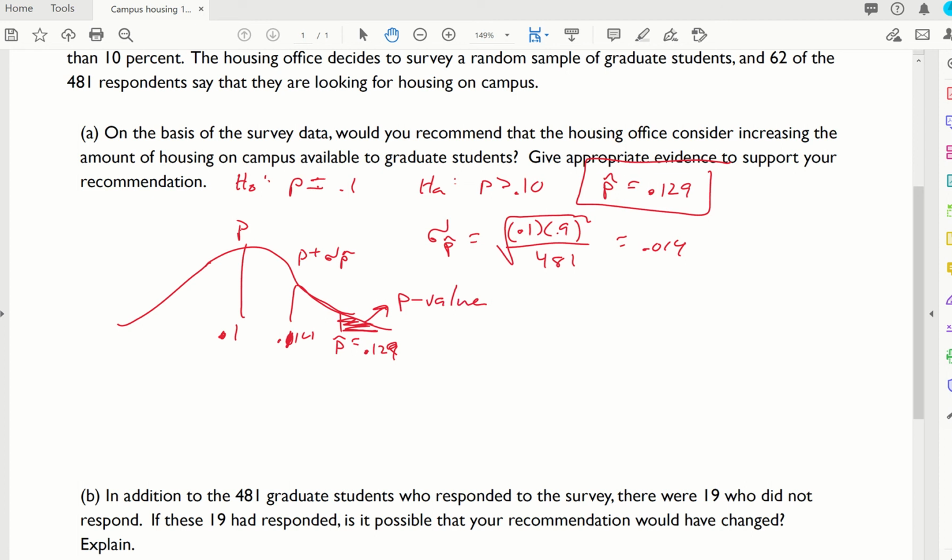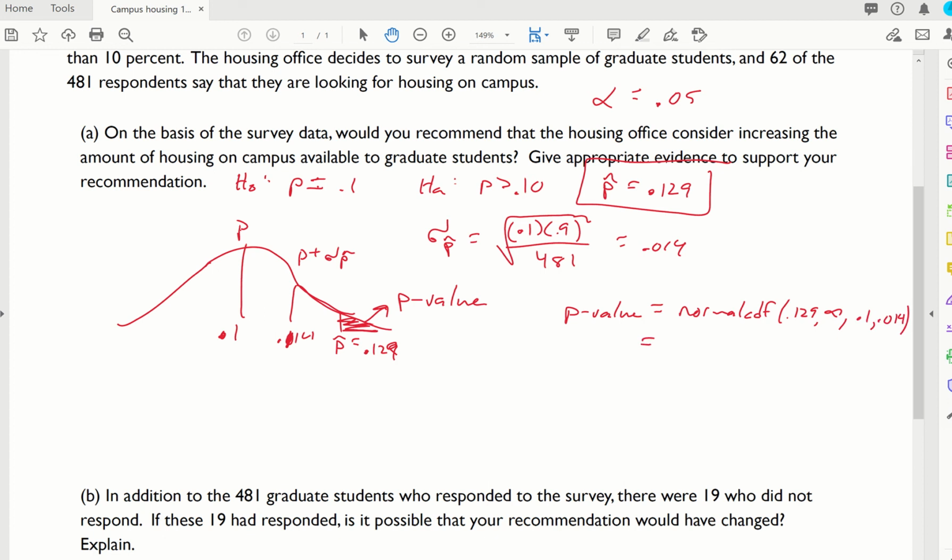It did not say what our significance level is here, so we're going to assume alpha equals 0.05, and we're going to find the p-value. The p-value is going to be normal CDF from 0.129 to infinity with a mean of 0.1 and a standard deviation of 0.014.